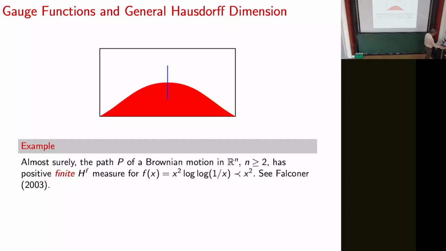Oh, log x goes to 0 more slowly. Yeah, that's what I said. It's confusing. That's why I drew these two pictures. So the thing that goes to 0 more slowly makes it easier to have positive measure.